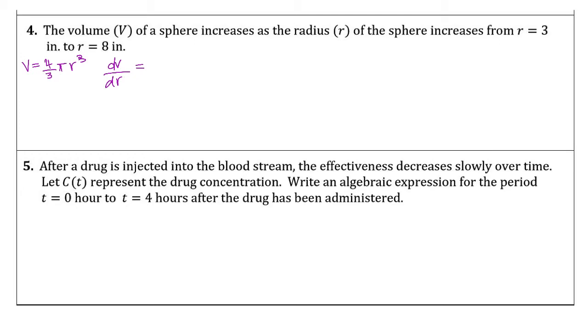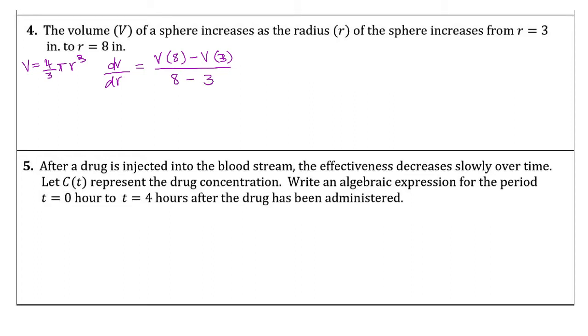And that is going to be, for this one, we're going to have our volume at 8 minus our volume at 3, sorry, and that is all over 8 minus 3.